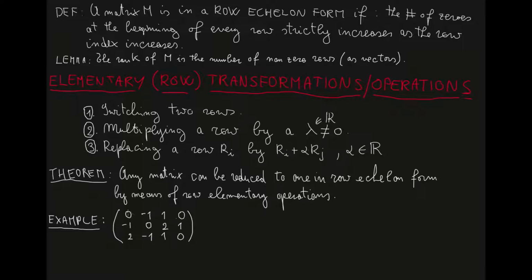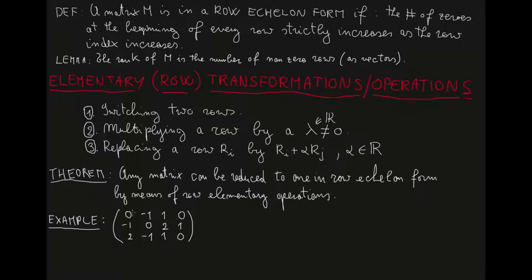But again, the first row has 0 in the first entry, so if we multiply the first row by a non-zero scalar, well, by any scalar, we will still have 0 here at the beginning. And when we sum up this new row, this new vector, with the second row, it is impossible that we will get a 0 here, because we will simply be adding a 0 to -1, and that is always going to be -1.